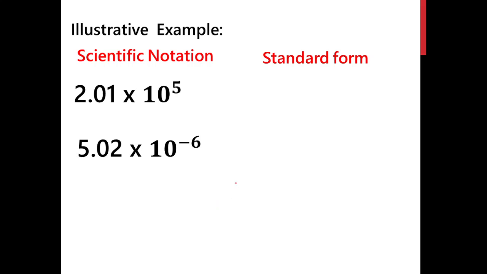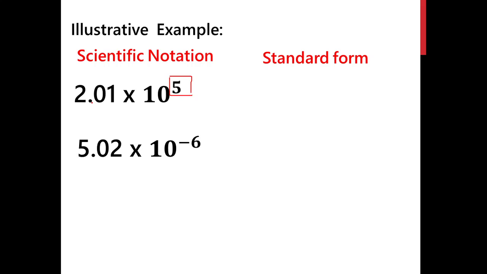Now, how do we transform a scientific notation back to its standard form? So it's the other way around. In transforming a scientific notation to its standard form, all we need to do is to take a look at its exponent.